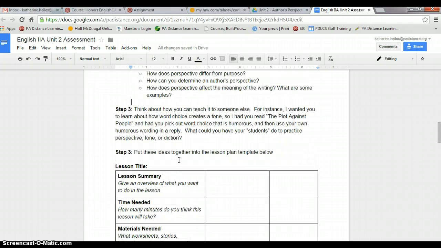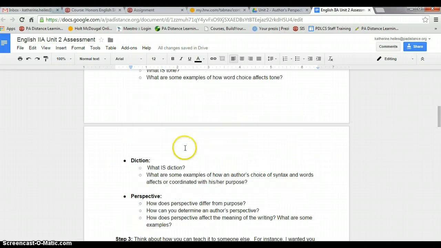So once you've done that, step 3 is to really think about how you could teach this to somebody else. So for example, if I wanted to go with diction, and I'm able to say that diction is the word choice and syntax that a writer uses, that affects the tone of the work. And some choices about how the choice of syntax and words can coordinate their purpose, well, I know if they're trying to persuade me to do something, or trying to persuade me to think that whatever the topic is a good idea, then their word choice is probably going to be influential.